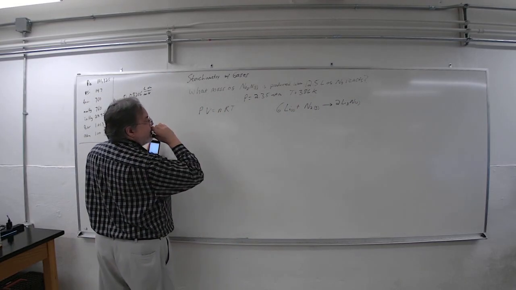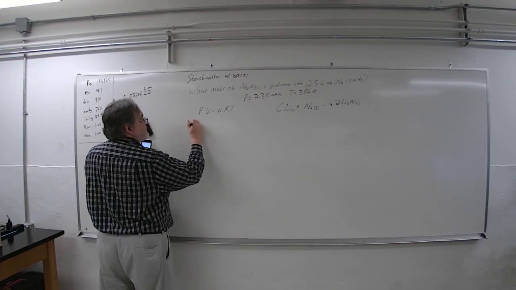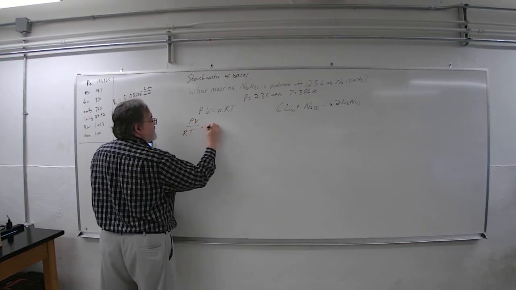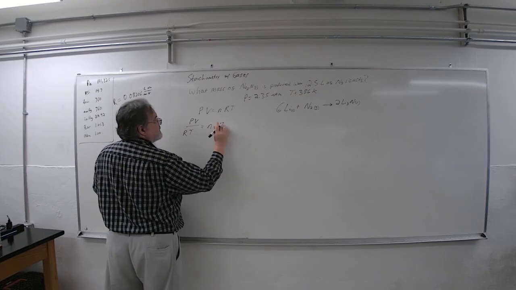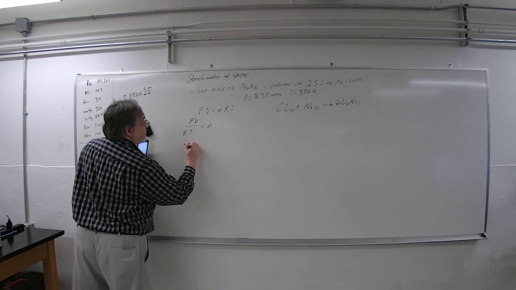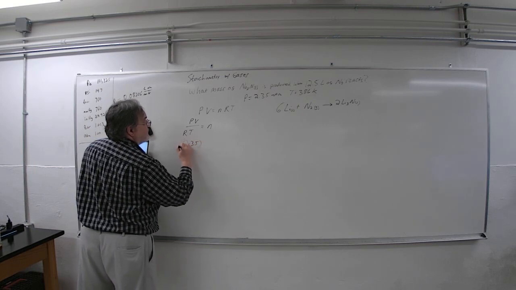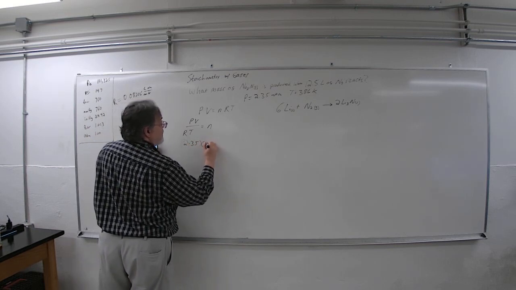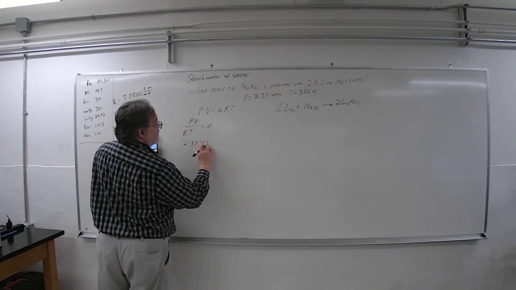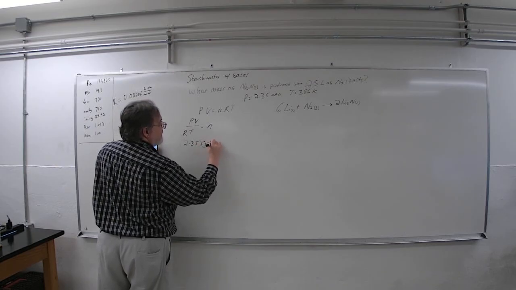Okay. We're solving for n here, so PV over RT equals n. And pressure is 2.35. Volume is 12.5 liters.